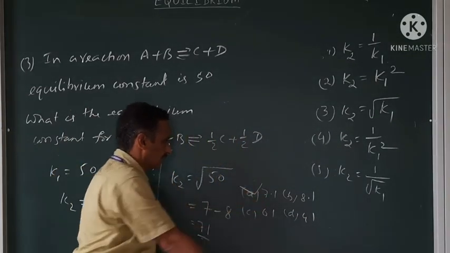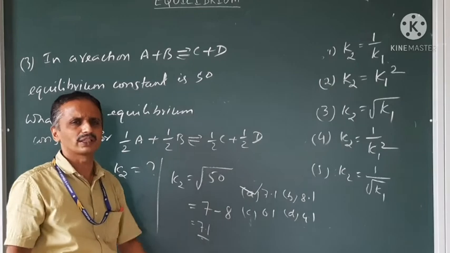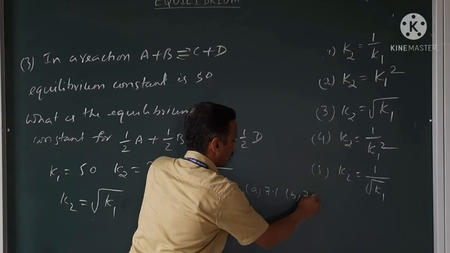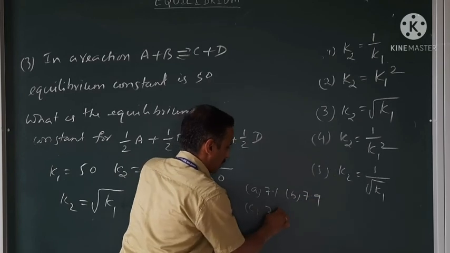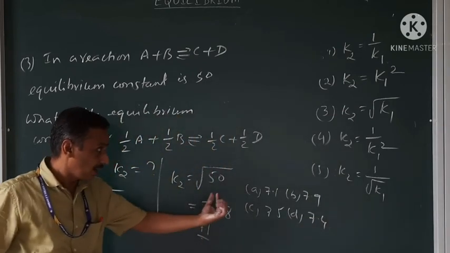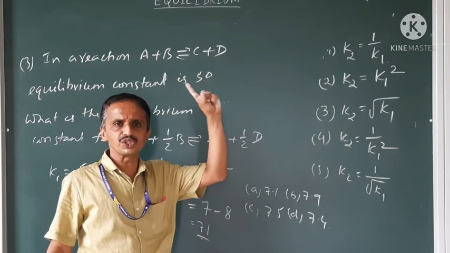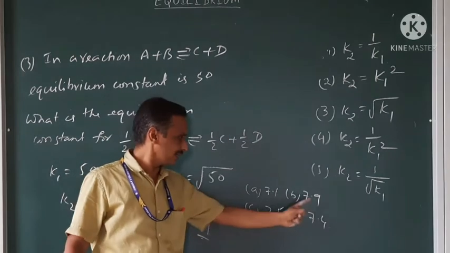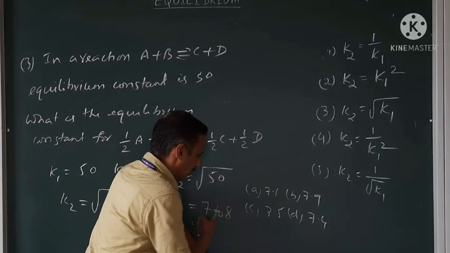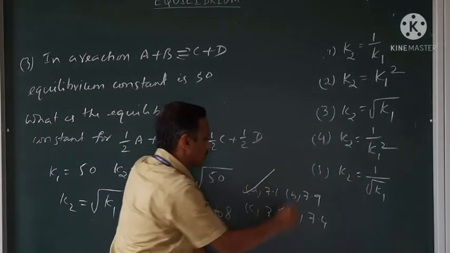Then directly you can say that 7.1 is the answer, because square root of 50 is a little more than 7. Say if the options are A 7.1, B 7.9, C 7.5, D 7.4, all are in the 7 to 8 range only, but as I said, square root of 50 should be very close to 7 only, so this will be the answer.